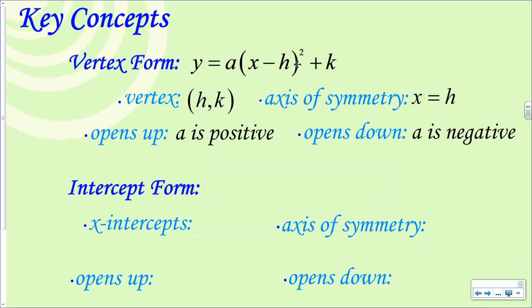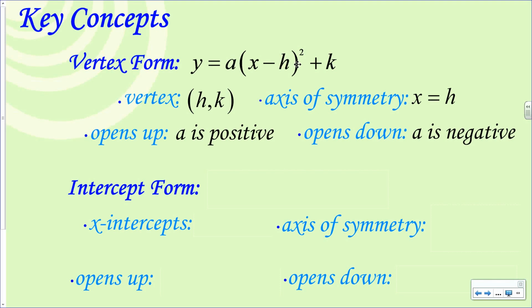We did that in the exploratory sheet we did before this, that looks exactly like the one you did yesterday, except it had different problems on it. This is what you were supposed to discover on your own. Maybe not this formally, but you're supposed to be able to tell me that this is the vertex, this is my axis of symmetry, and it opens up or down, which almost all of you can do.